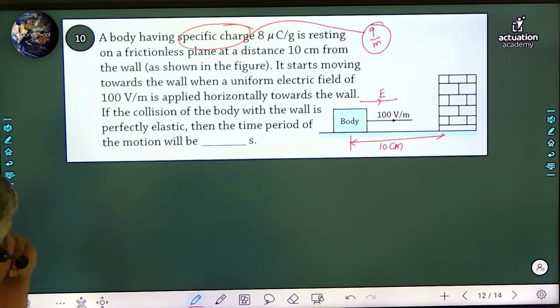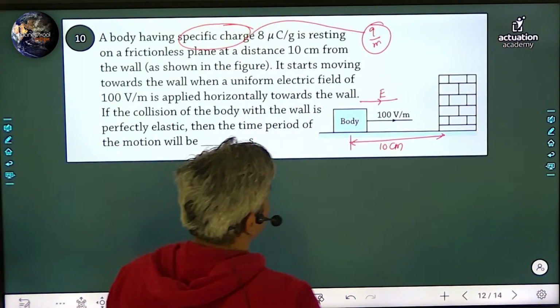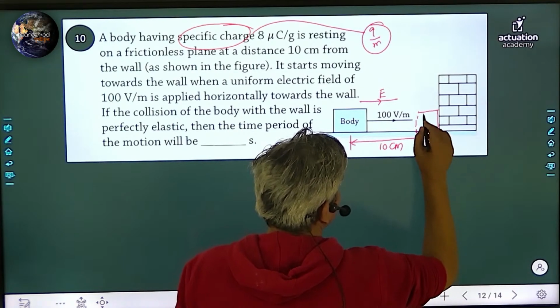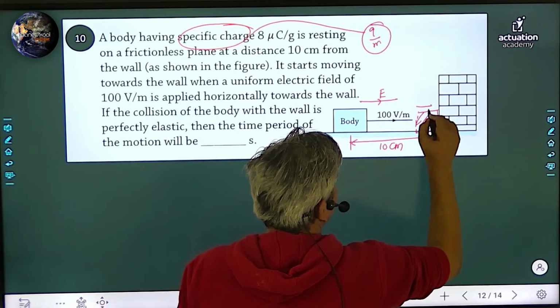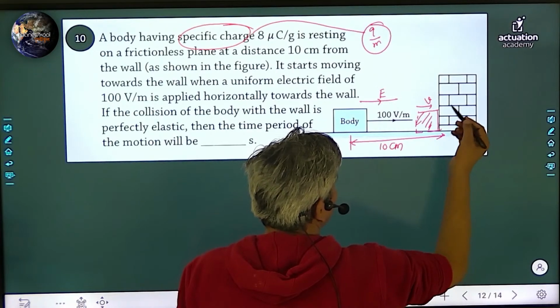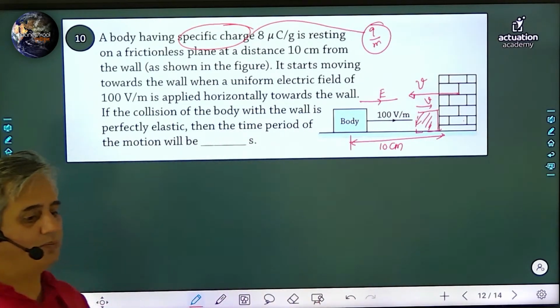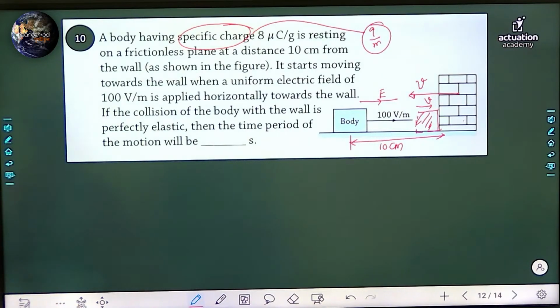If the collision of the body and the wall is perfectly elastic. So what this question says is that if this object strikes here with velocity v, then because of the perfectly elastic collision, there is no loss of energy, and it will come back with the same velocity v.